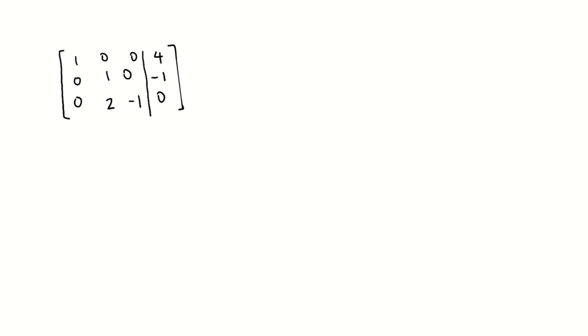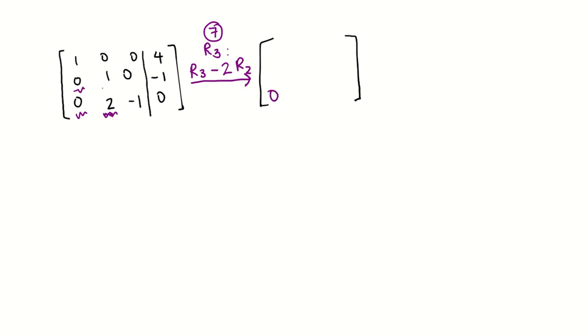Now to get this last row how we want it, we want to turn this 2 into a 0. One way we can do that is by taking row 3 and replacing it with row 3 minus 2 times row 2. Okay, that would look like 0 minus 2 times 0. 2 minus 2 times 1 is 2 minus 2, which is 0.